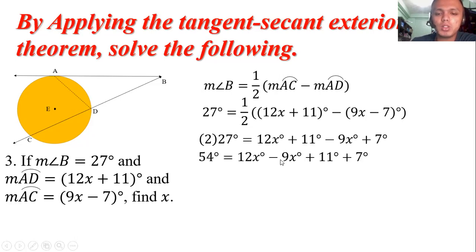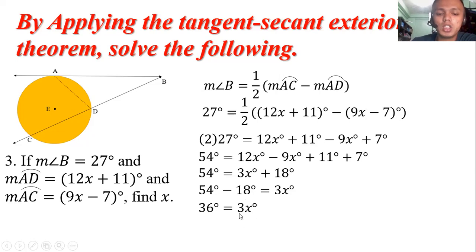Then 12x minus 9x plus 11 plus 7. Hindi magbabago yung mga signs nila, class, kasi hindi tayo tumawid ng equal sign. Now, 12x minus 9x is 3x. 11 plus 7 is 18. Transpose 18 to the other side, we have 54 minus 18 is equal to 36. Then divide both sides by 3. We have 36 divided by 3, we have 12 is equal to x. So your x is 12.